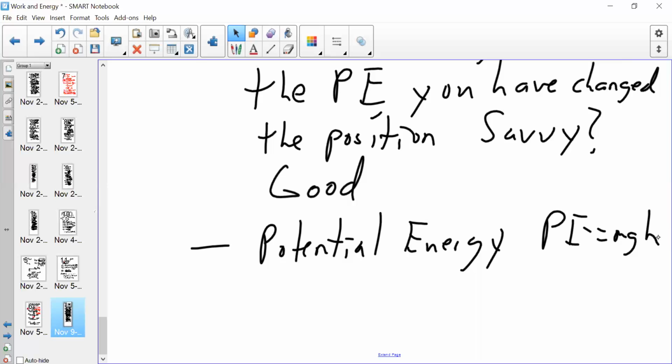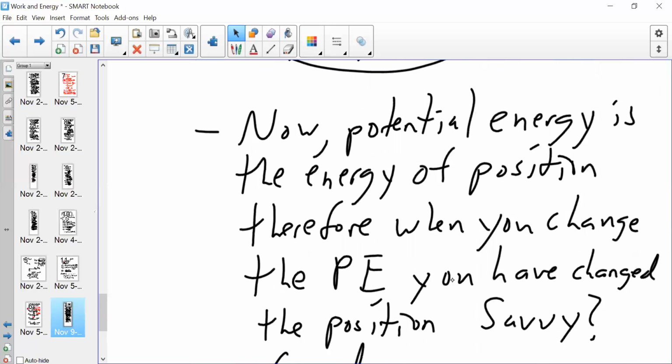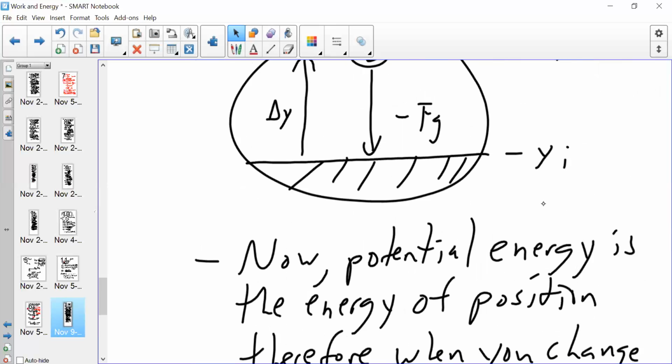So let's look at the potential energy at the ground, which is the initial position. It's at the ground. How much potential energy would this be equal to? H or y initial? Nothing, because the initial is 0. Right.